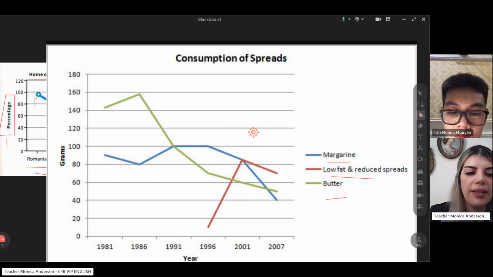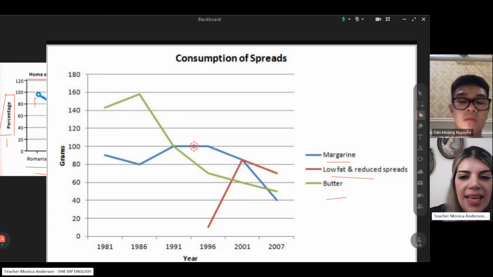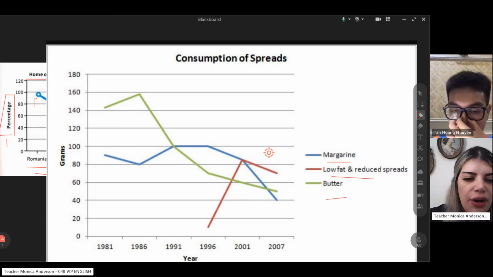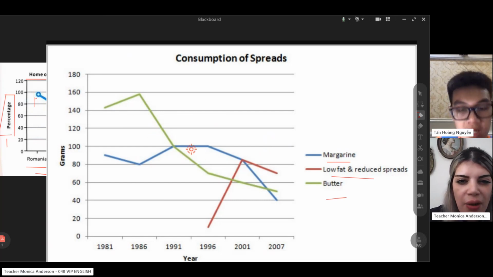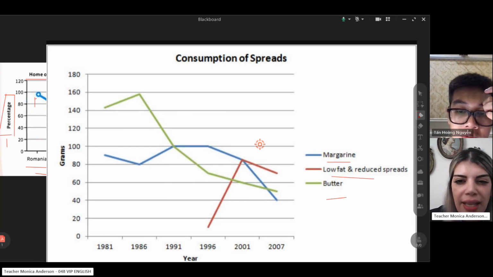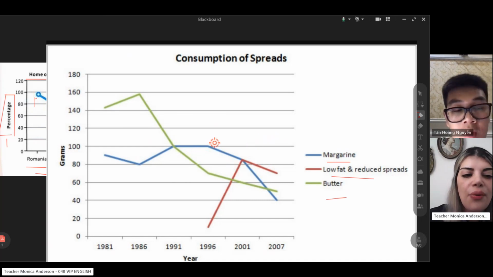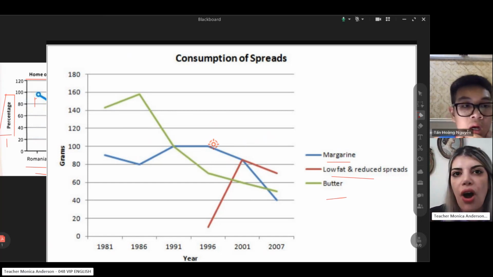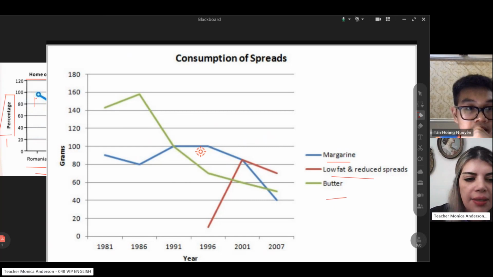As you can see, the consumption of margarine and butter decreased, while for low fat and reduced spreads, it rose. Rose is the past of rise, so you can say something like this.